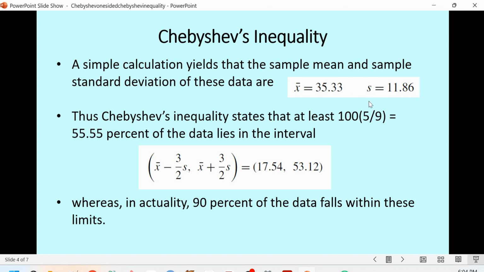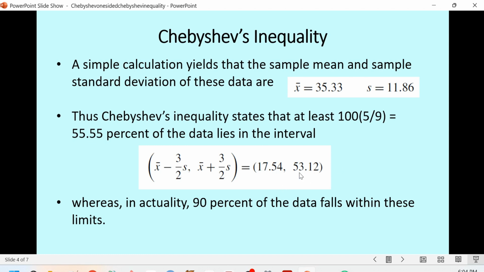So we get these two values, and we can say about 55.55% of the data lies in this interval, x bar minus 1.5s and x bar plus 1.5s.